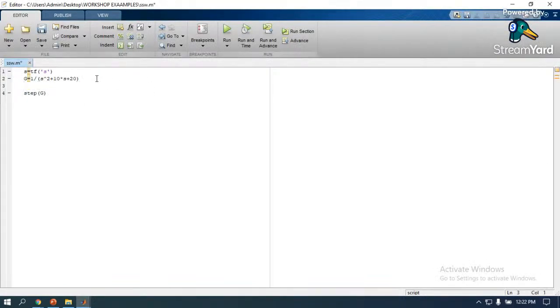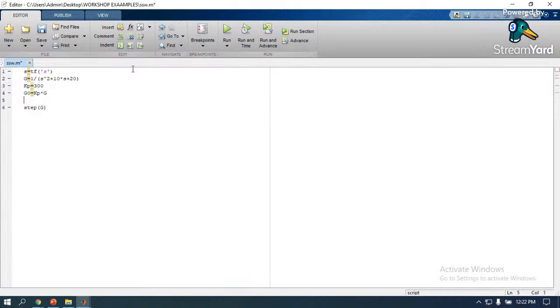Once I define the G, I need to define what is Kp. Kp is here. Let's assume that 300. My G0, which is nothing but Kp into G, correct?